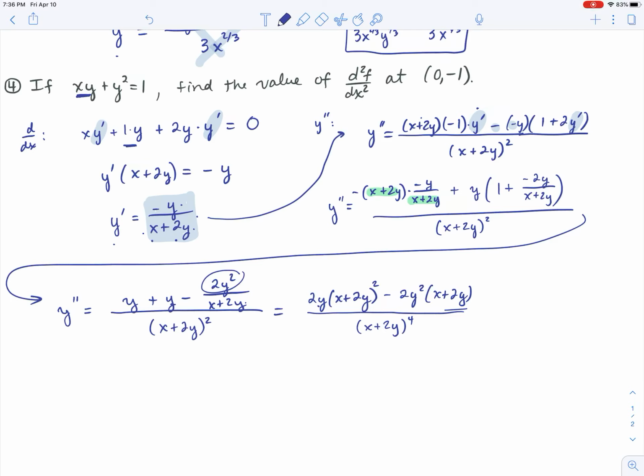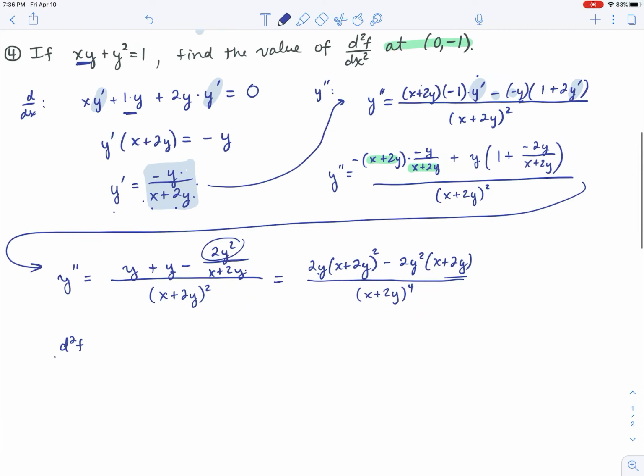Okay. So the question, however, was asking to find the value at a specific point. So I'm going to write this as d2f dx2, the second derivative, evaluated at x equals 0, y equals negative 1, and that's this point up here.